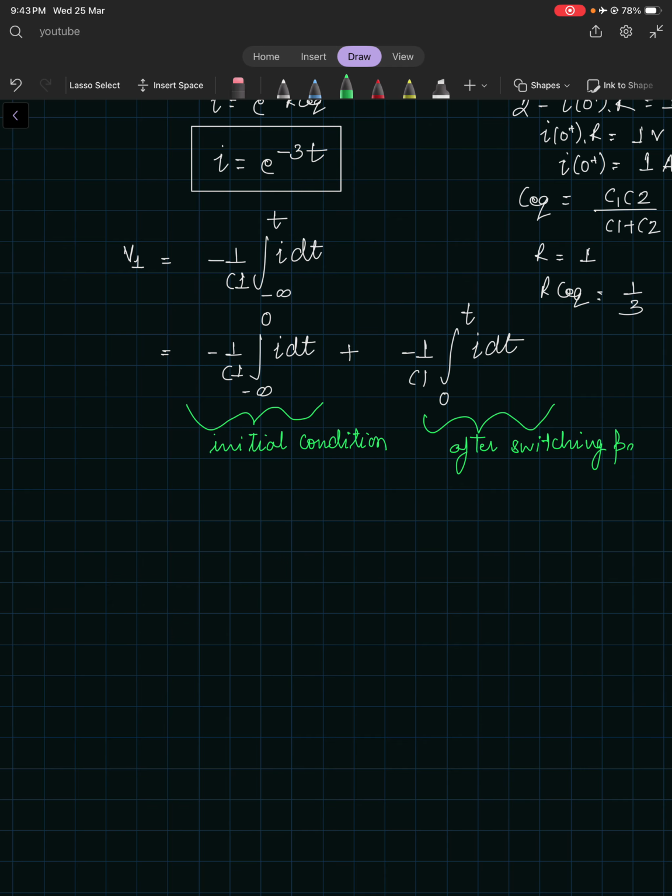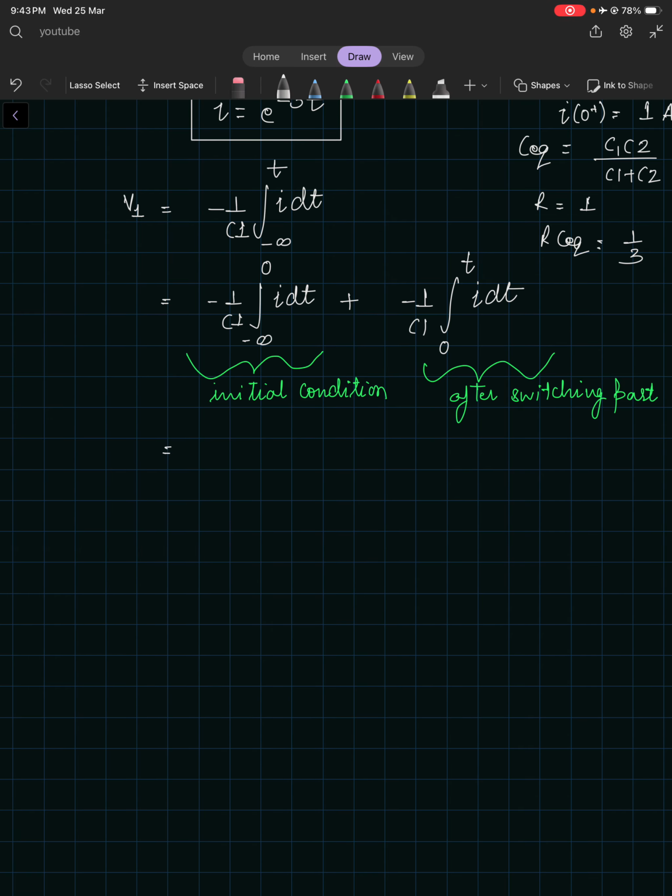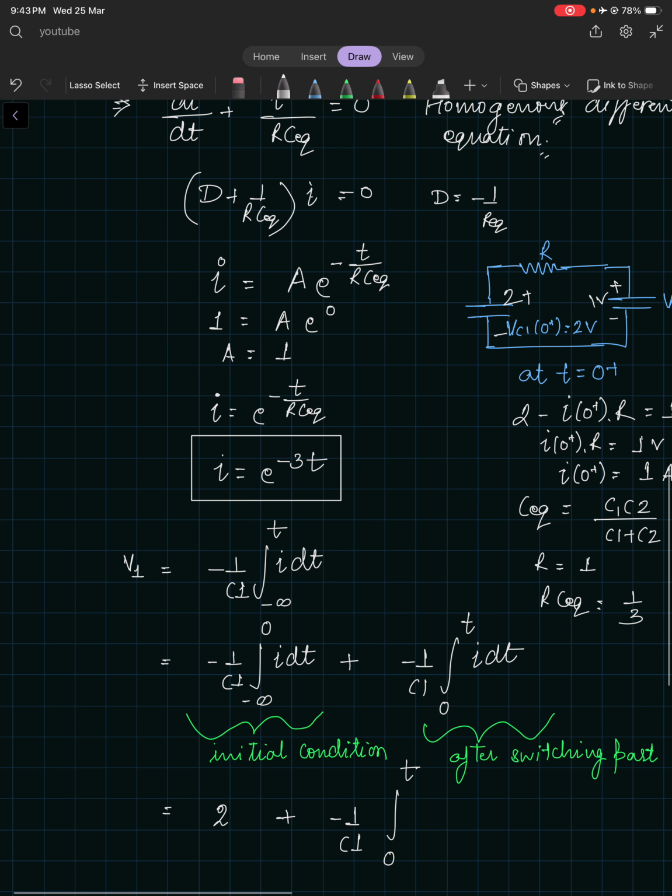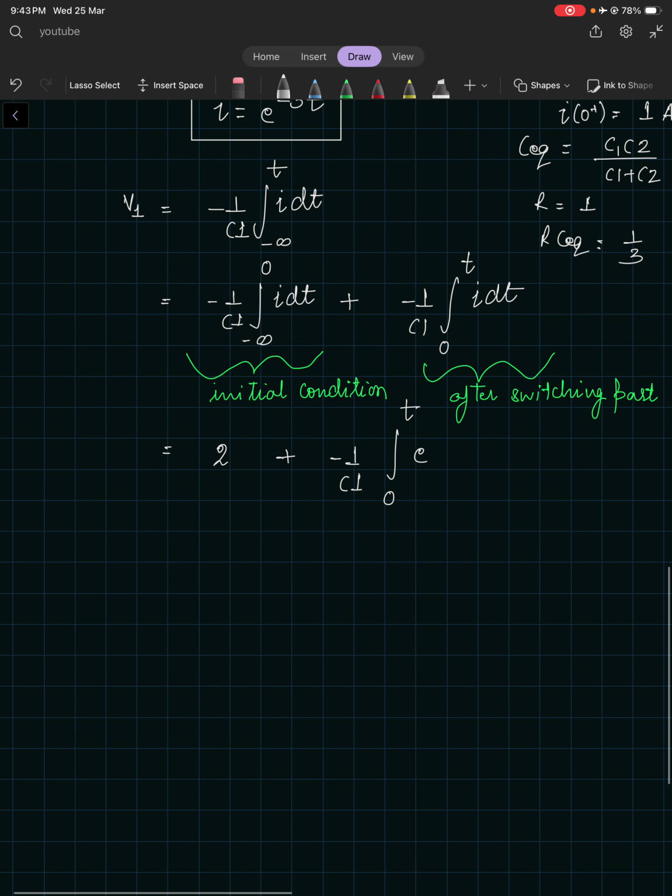So I can directly write this whole first part as v1, which was 2 volts, plus minus 1 by c1 integral from 0 to t, and the value of I is e to the power minus 3t, dt.